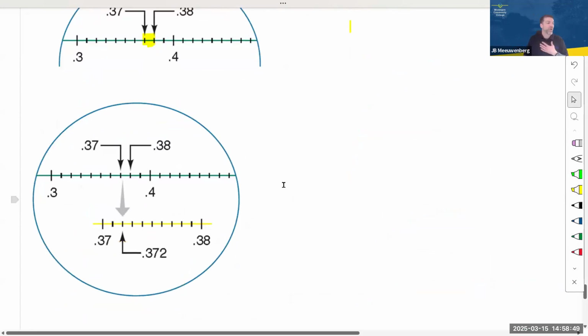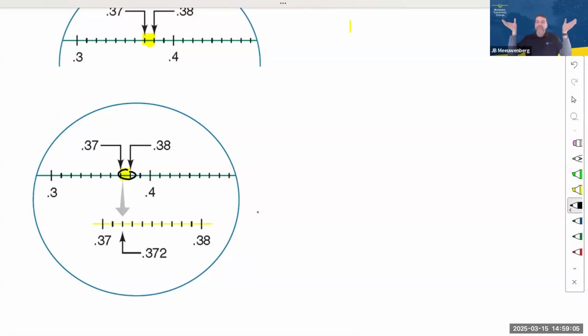Okay, so now we're going to take this little segment and expand it. Here's the 0.37. Here's the 0.38. And we're going to cut up this area into its own 10 segments. Every time we zoom in and break it into 10 more pieces, we're going to the next place value.